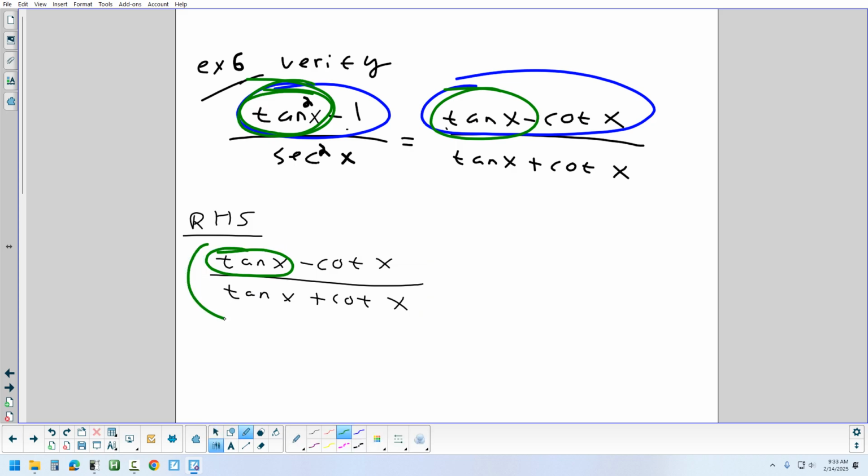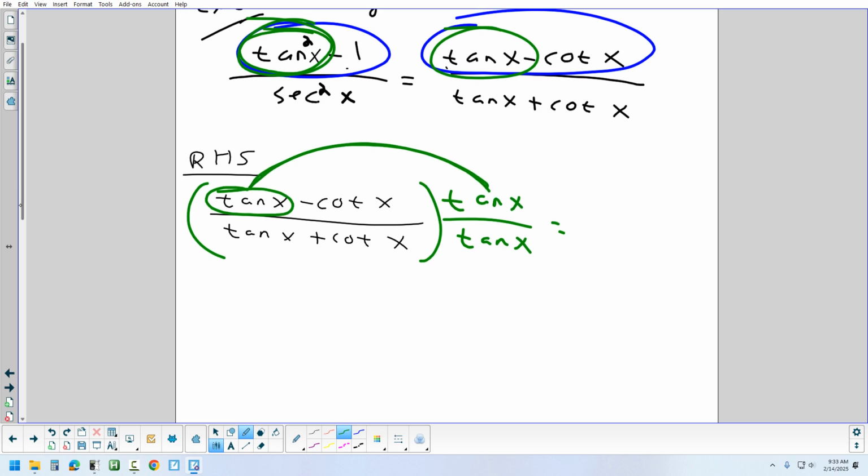So we're going to multiply by tangent over tangent. So we're going to distribute it. What's tangent times tangent? Tangent squared. That gives me tangent squared. And then tangent times cotangent. Those are reciprocals. That's like multiplying 5 times 1/5 or 3 times 1/3.